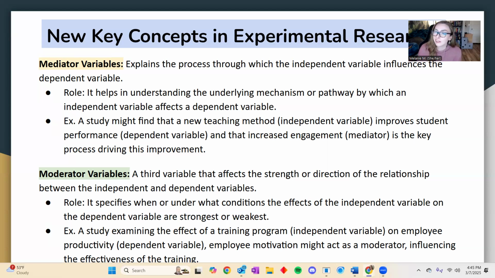Whereas if they were less motivated, I would expect that the training program would have less of an effect on that productivity. So the difference again is mediator is the process of influence and moderator is the strength and direction of relationship. It's really confusing, I know, and really critical components of experimental research, definitely.